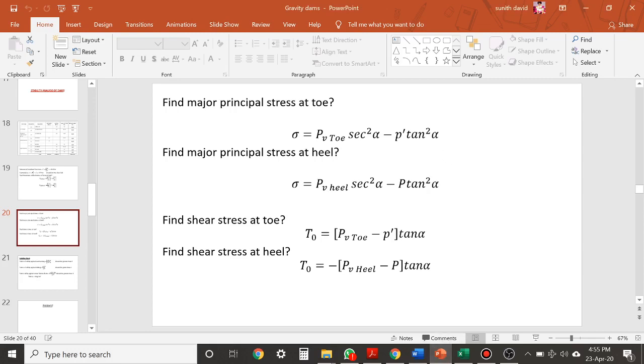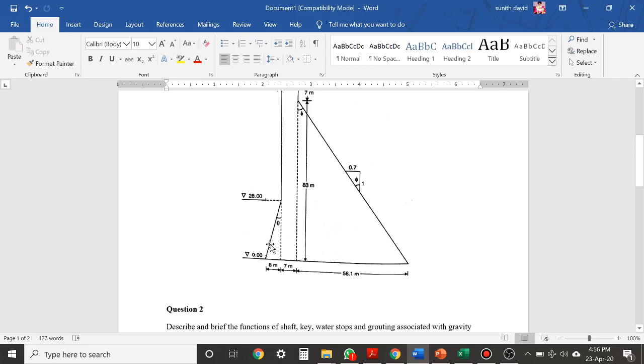I think you remember the terms p dash and capital P. Small p dash is unit weight of water into small h. Capital P is unit weight of water into capital H. So, while doing the stress calculation at heel, you have to consider this angle made by the inclined portion of the upstream side with the vertical, that is same as theta. That is the point that you have to take care of while doing this problem.